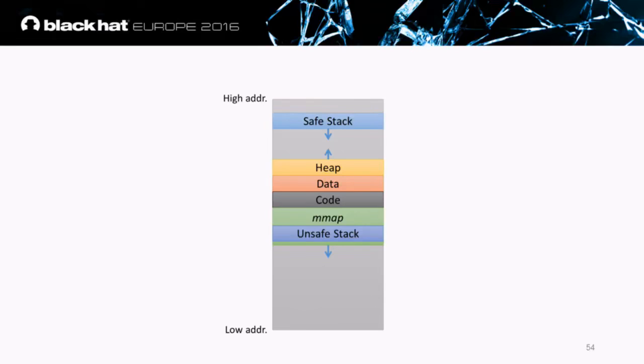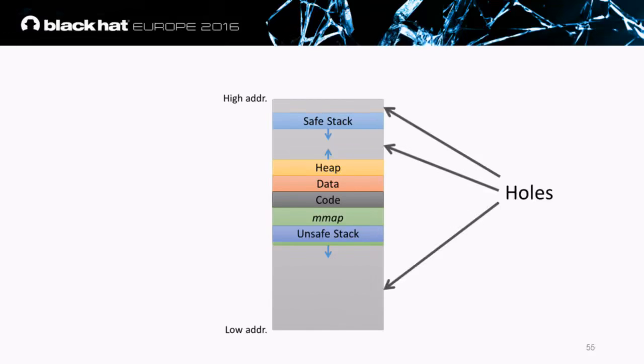So let's look at the memory space again. We want to find the safe stack, but there are no pointers to it, as we assumed, and we cannot spawn threads. So how can we find the safe stack? Interesting to note is that there are holes in the memory space.